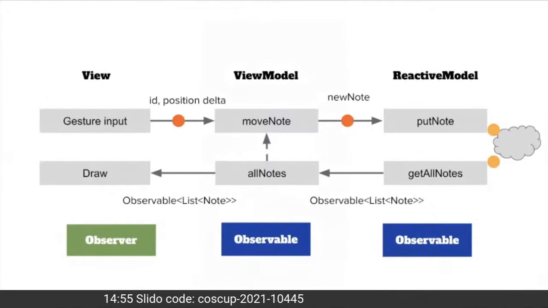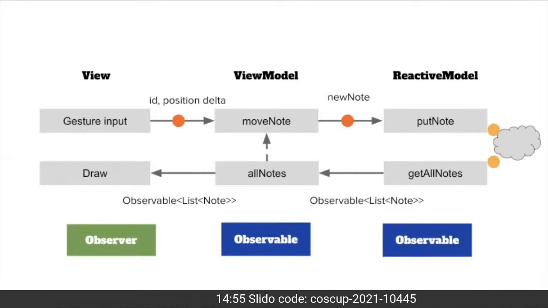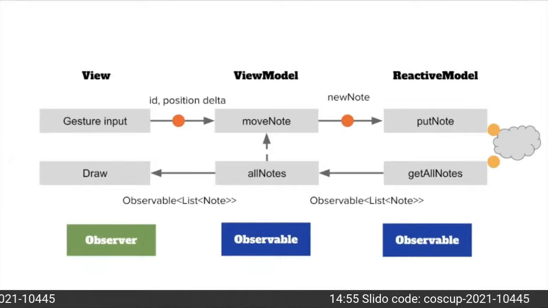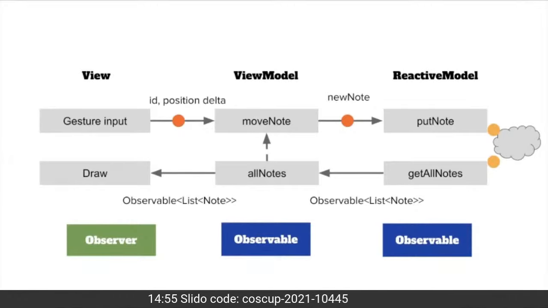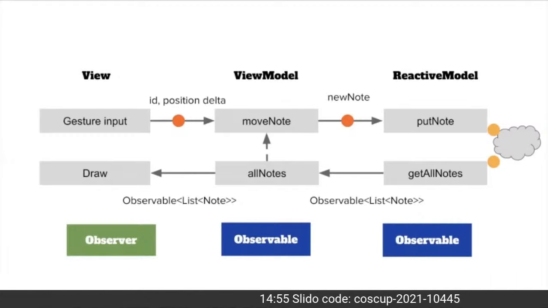There are two different colors of circles on the screen. For the red one, we can think of it as executing on the main thread, and the orange one executes on the background thread. The upper orange one is the event that updates the new node, and the bottom one represents the node list coming from Firebase.